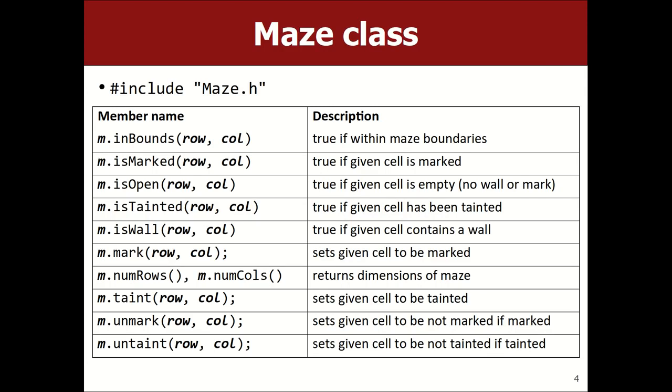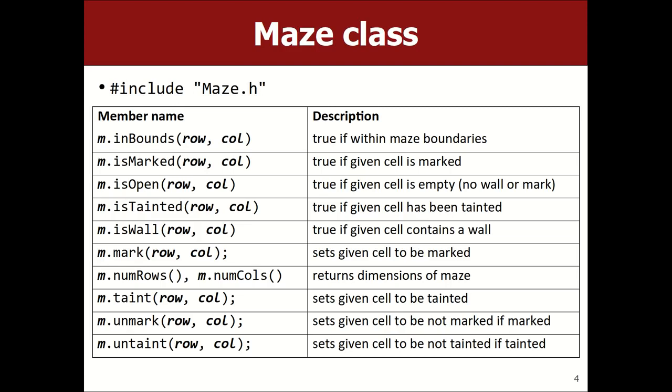You can mark squares, like you're leaving breadcrumbs of the path that you're taking. You can also taint a square. Tainting means you have marked it as being a bad square that you don't want to go that way anymore. This is basically a wrapper around a grid so that we can express some of these ideas in a simple function call.